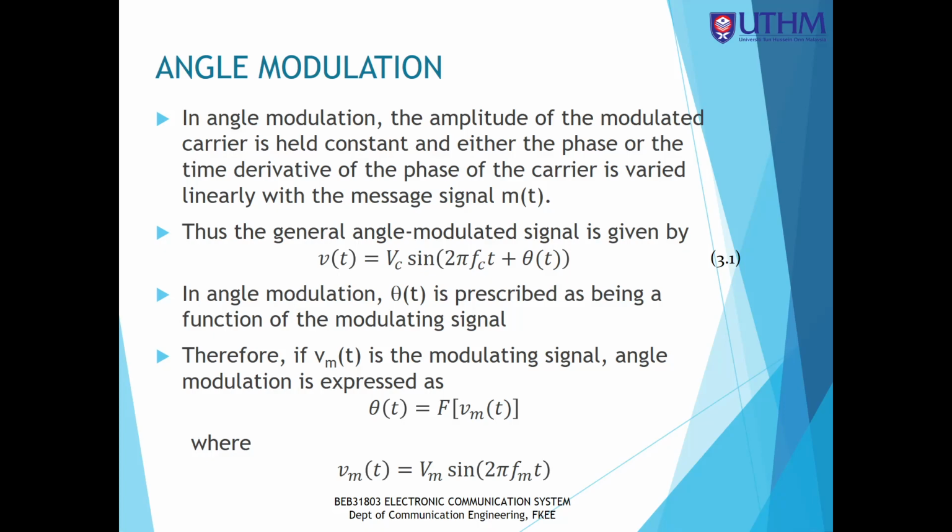So the general equation for angle modulation, for both FM and PM, is given as Vc sine (2 pi fct plus theta t). This is the general equation for FM and also for PM.